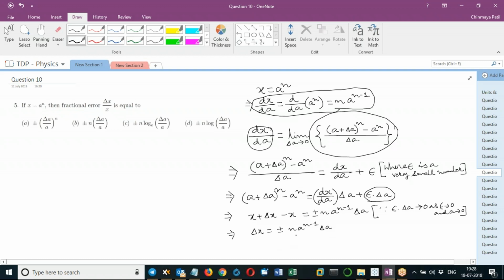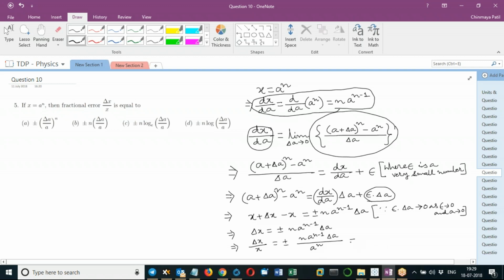From here you can write that delta x by x is equal to plus minus n into a power n minus 1 into delta A divided by x, which is a power n.